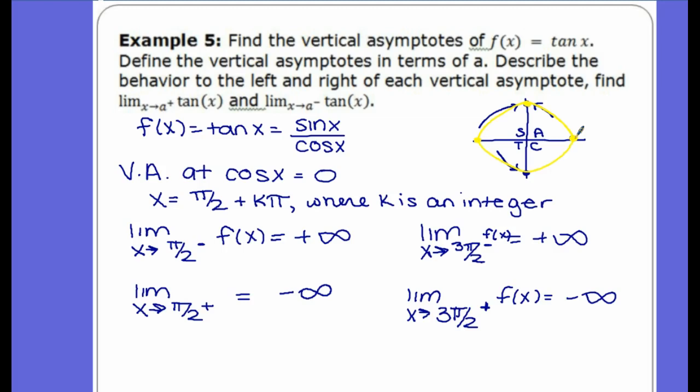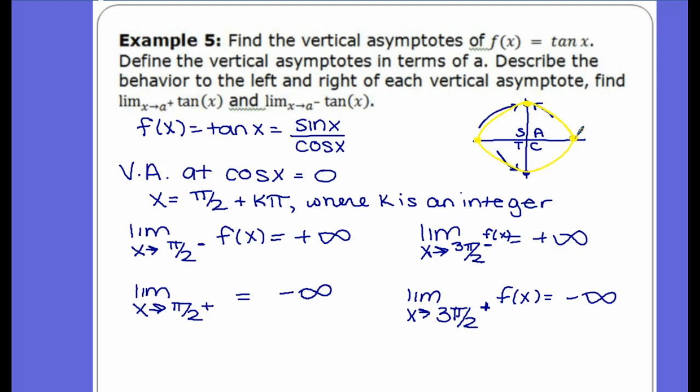Let me think if I can. Sine function. This right here represents pi. It represents the end of quadrants 1 and 2. So when we have it seen as a graph like this, we can totally see coming from the left.